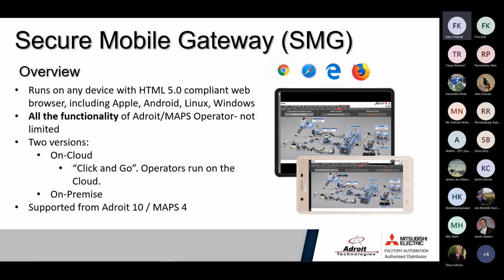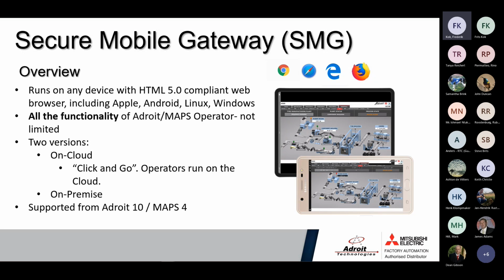There are two versions of the SMG available. The first one is the on-cloud version. So this is the data center version, which we host. And it's literally click and go. It's 3 steps, and you will have your operators running on the cloud. And you'll get a secure URL to access your project.